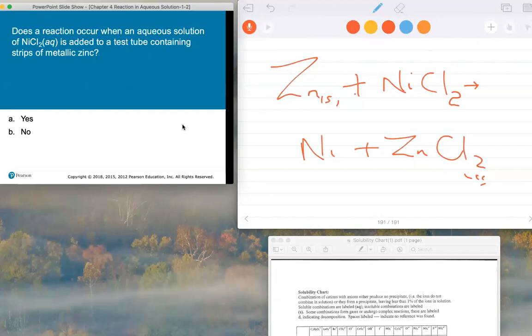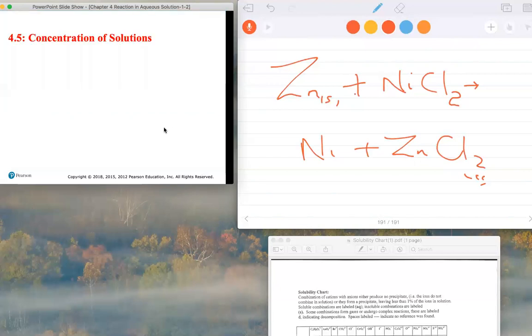So let's shift gears to 4.5, concentration. Concentration is a unit of measurement used by chemists to express the amount of solute particles in a solution.